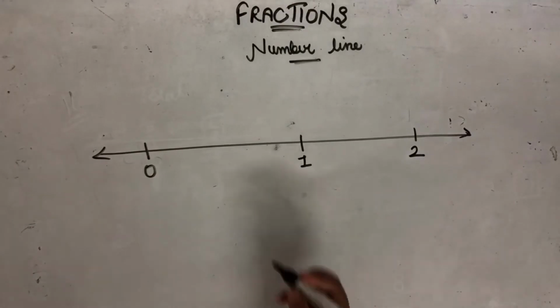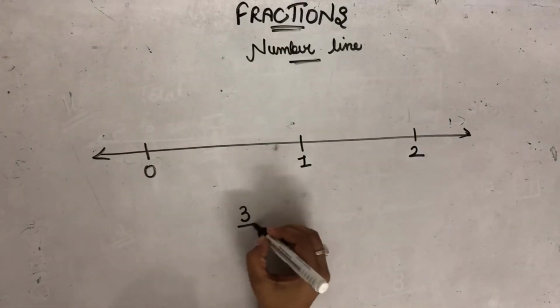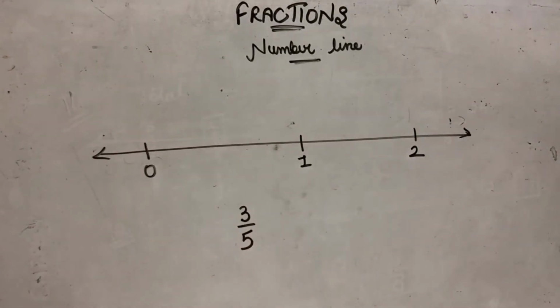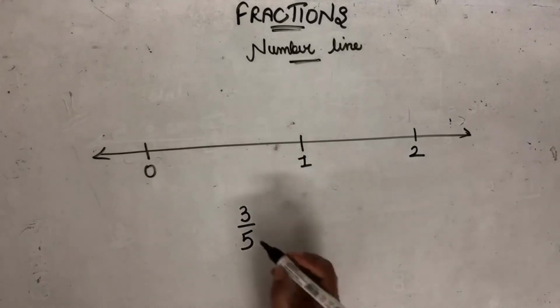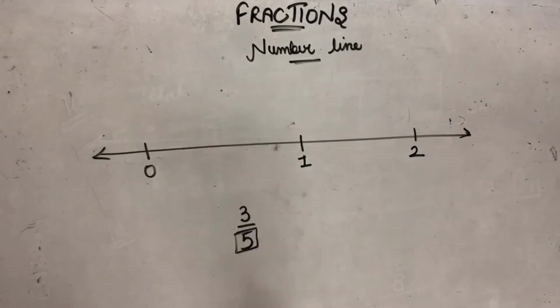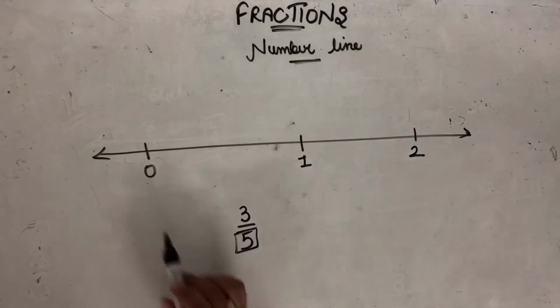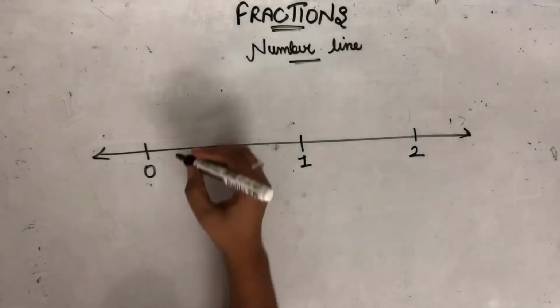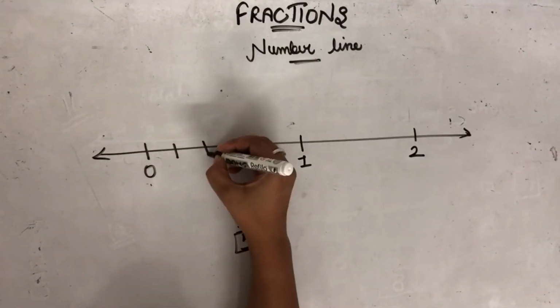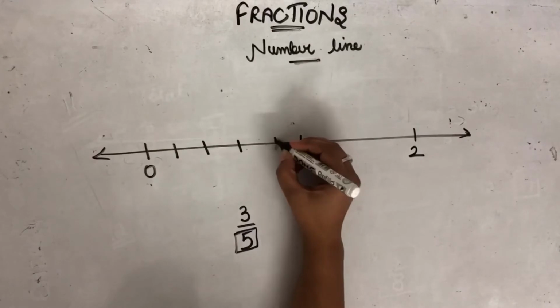Now next, let's say I have to represent 3 upon 5. Again, this is a proper fraction. Denominator is greater than the numerator. So it will lie in the interval 0 to 1. Now you have to see which number is present in the denominator. 5. It means you have to divide this interval into 5 equal parts. So divide, 1, 2, 3, 4.